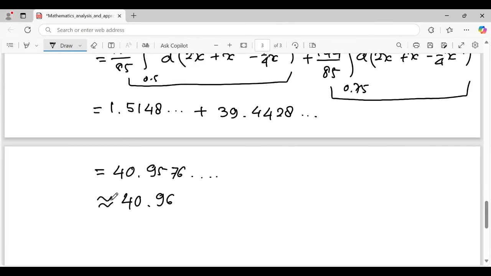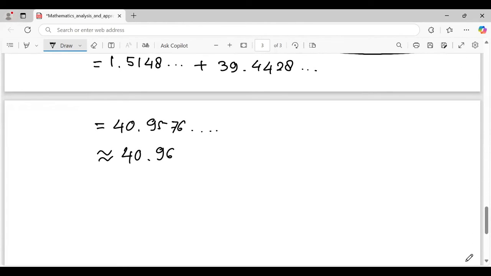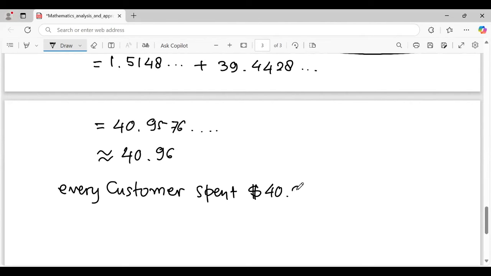So the conclusion: every customer spends $40.96 on chocolate. Yeah, this is the solution.